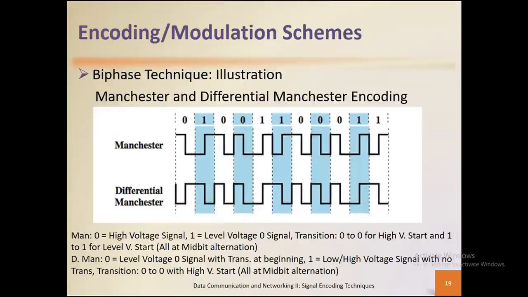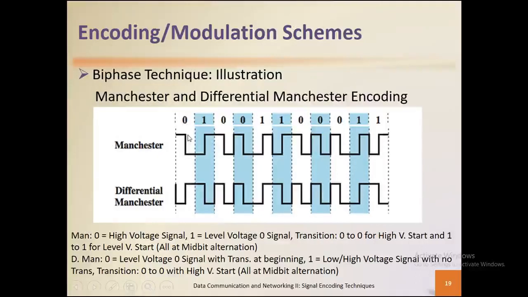So with zero, we have a zero voltage as a high voltage pulse. And if you look at the next bit, it happens to be a one. So it means that when we're moving to that one, we start from a low voltage point.